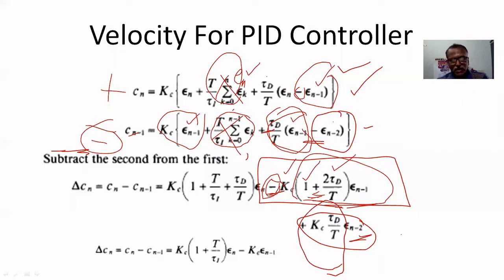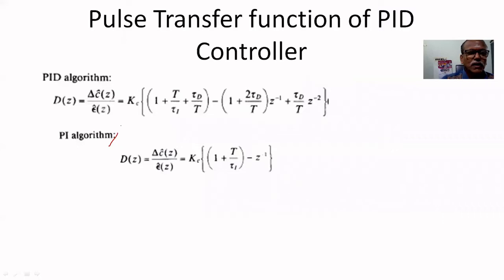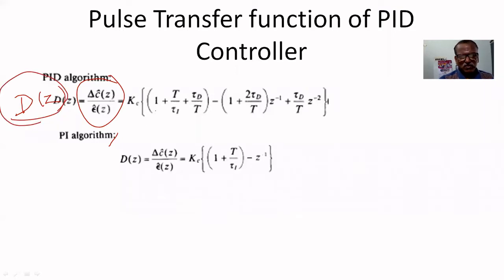If you take the Z transform and bring E of Z to the left hand side, you will get the pulse transfer function for the controller.